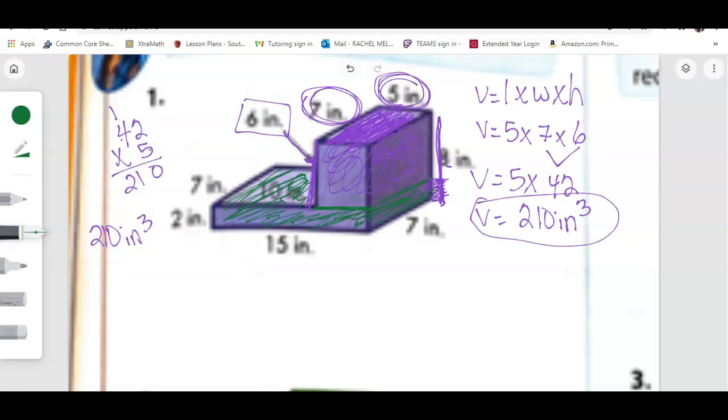All right, this is an interesting shape. I'm going to use this skinny piece as the shape that I'm looking at. Volume equals length times width times height. I see that the length right here is 15.